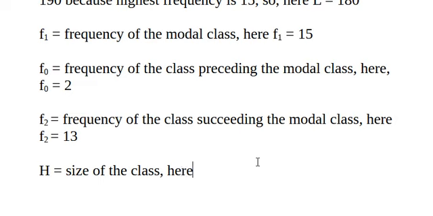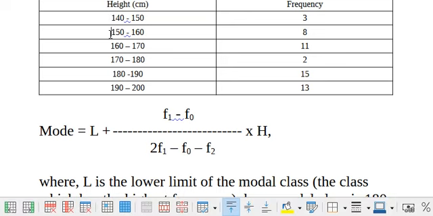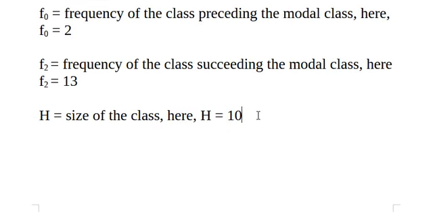So here H equals 10, because if we see the table, all classes are equal in size: 140 to 150, 150 to 160, 160 to 170. If you find the range, 150 minus 140 is 10, 160 minus 150 is 10. So the class size is 10, and H equals 10.